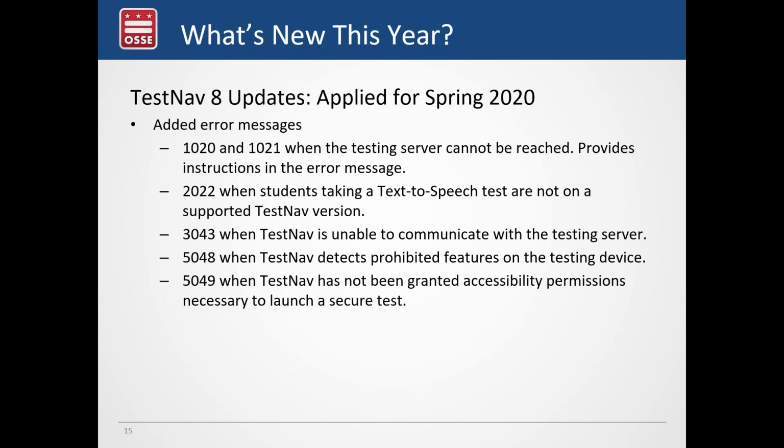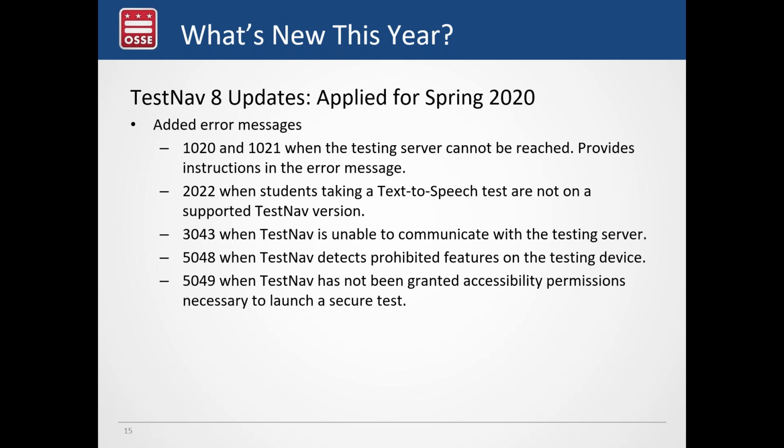Error 5048 is when a prohibited feature is detected on the testing device when TestNav is open. So if a student's got something else open on their computer or their iPad, TestNav can detect it, and it'll now throw an error. 5049 is when TestNav has not been granted accessibility permissions necessary to launch the secure test.